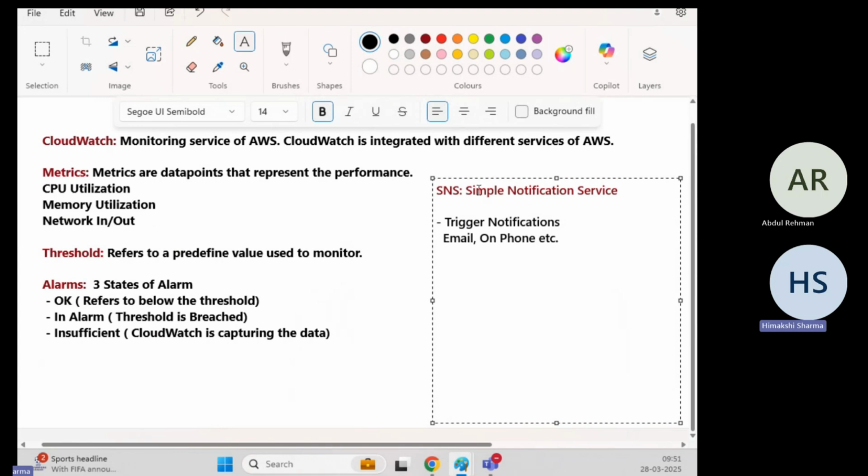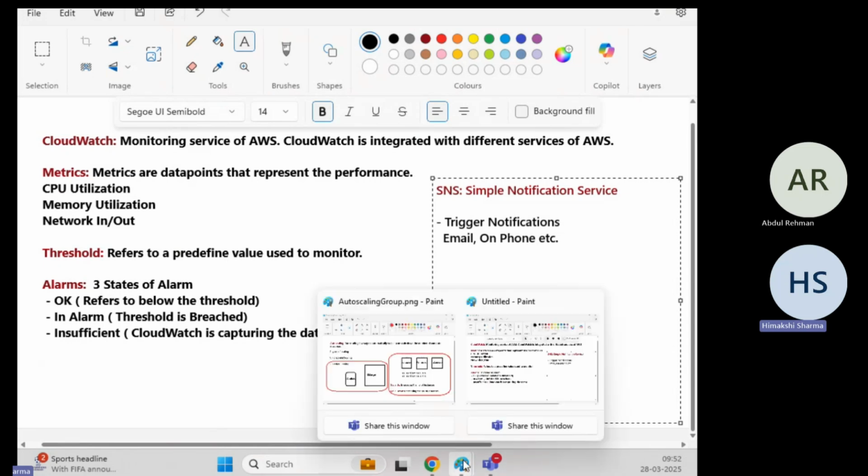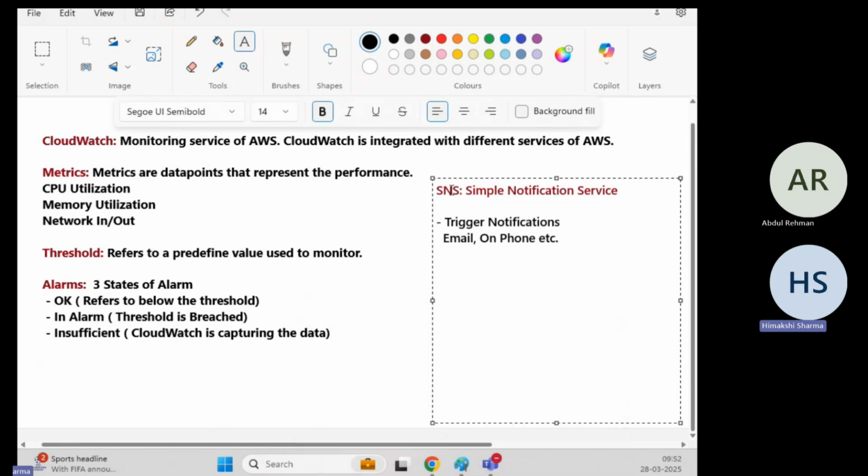We want to see if an additional EC2 instance is getting added or if it is getting reduced. Those alarm details we also want to have. So we will need SNS, the Simple Notification Service, which will help us trigger the notification to us. So this is what we have from Autoscaling, from CloudWatch, and from SNS.